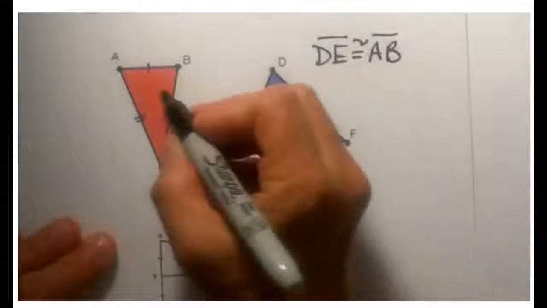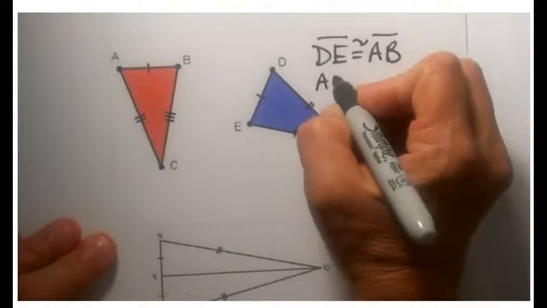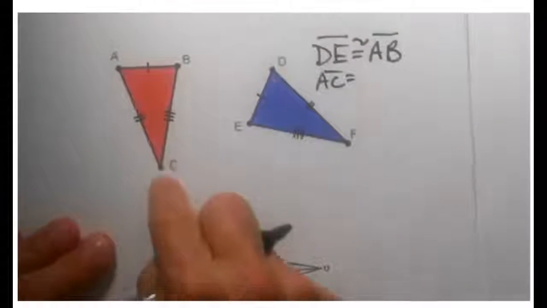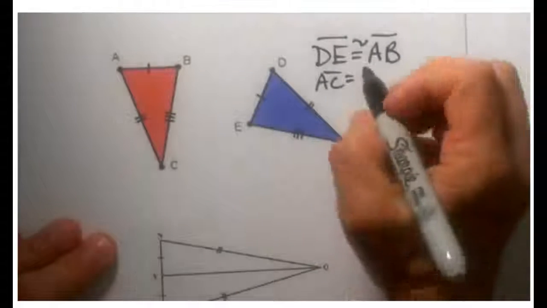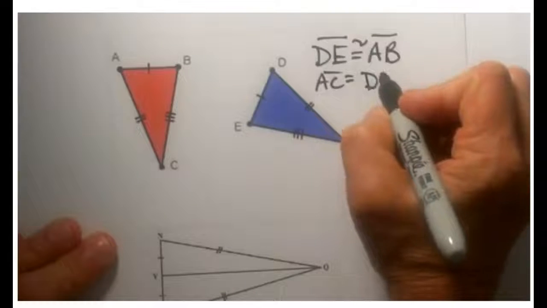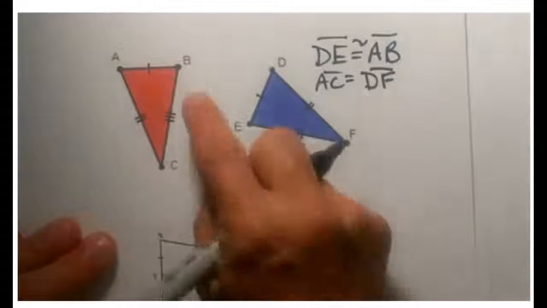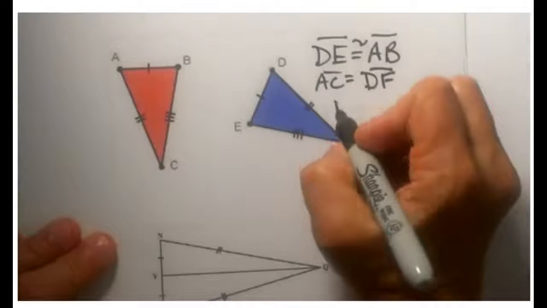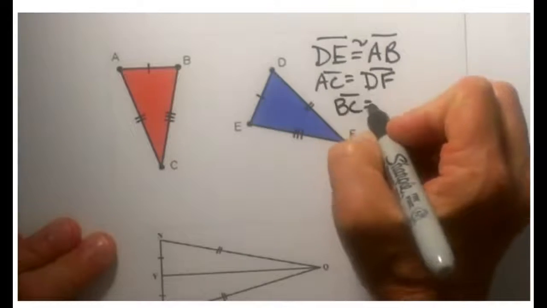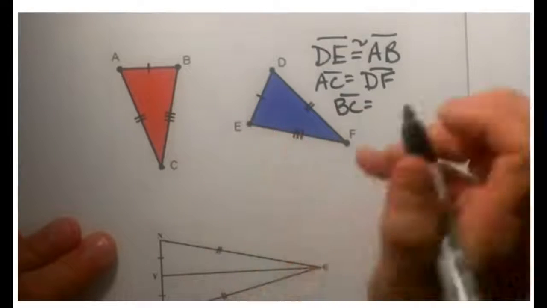So I'm going to list that as AC is congruent to DF. And then the third side, BC, has 3 marks on it, so BC has to be congruent to EF.